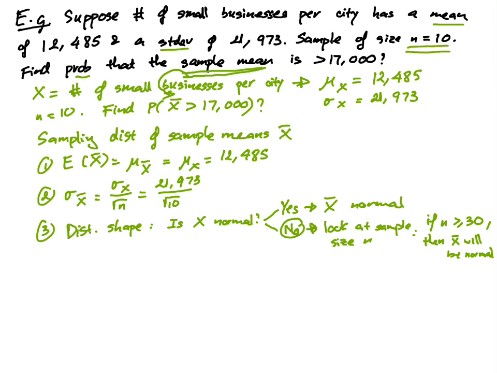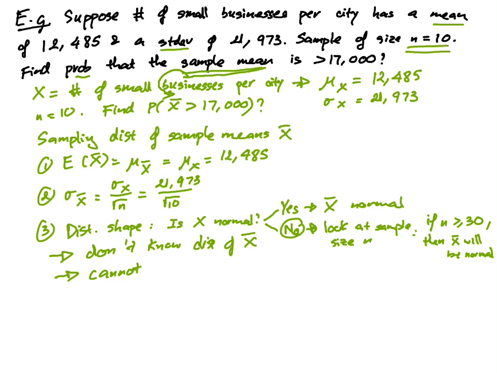Because the sample size is less than 30 observations, our conclusion is that we don't know the distribution of x bar, and because we don't know the distribution of x bar, we definitely cannot use a z-table.